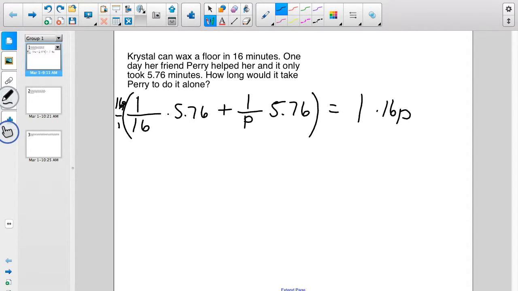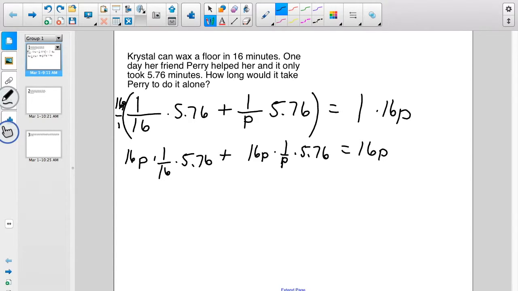And what I wind up getting is 16P times 1 over 16 times 5.76 plus 16P times 1 over P times 5.76 equals 16P.